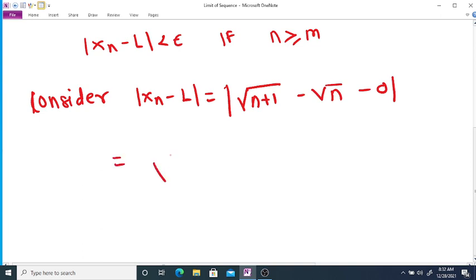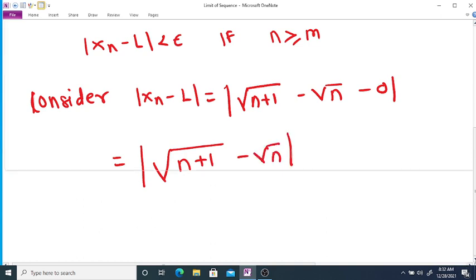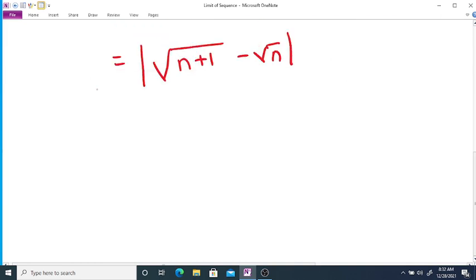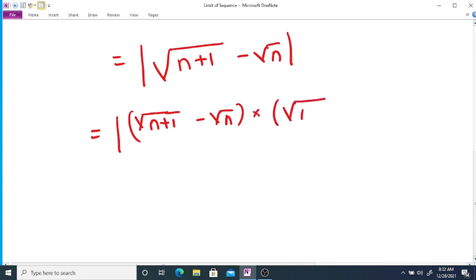So it is equal to the modulus of square root of n plus 1 minus square root of n. Now if we simplify this, we multiply and divide by square root of n plus 1 plus square root of n.